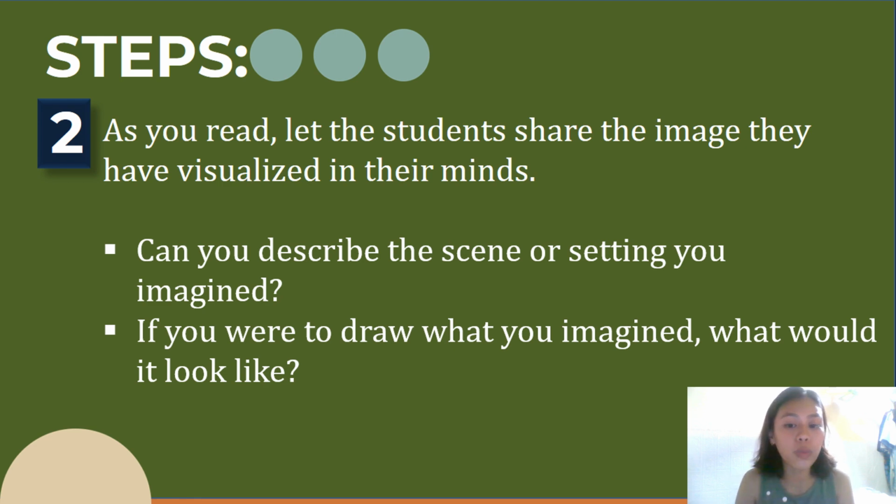And this will make students' reading interactive and helps you check for understanding. And you could also throw questions to your students for you to process what they are imagining in their minds. Just like a question like, can you describe the scene or setting you imagined? Or if you were to draw what you imagined, what would it look like? So that's the second step.